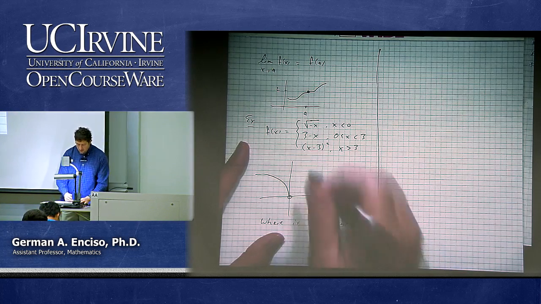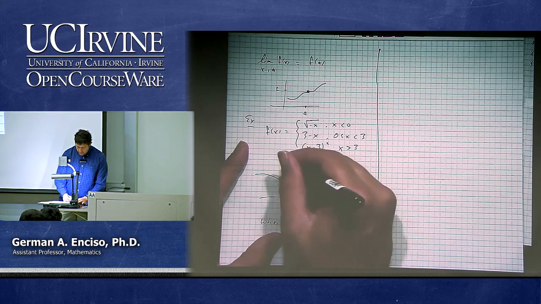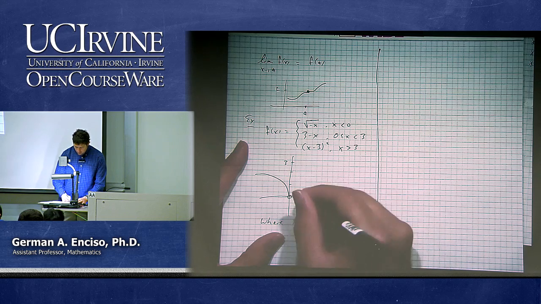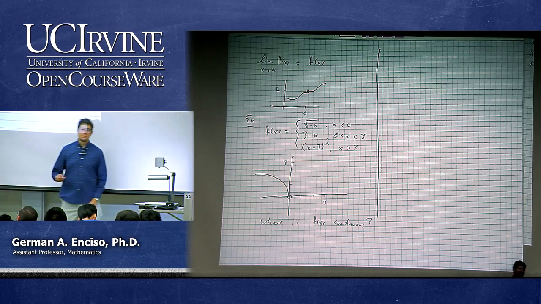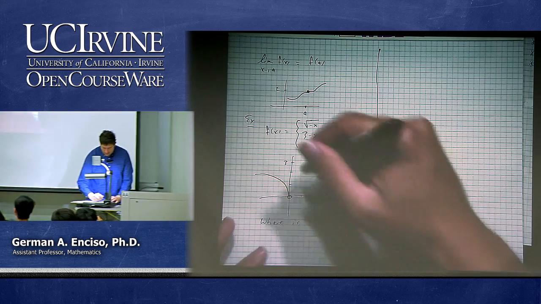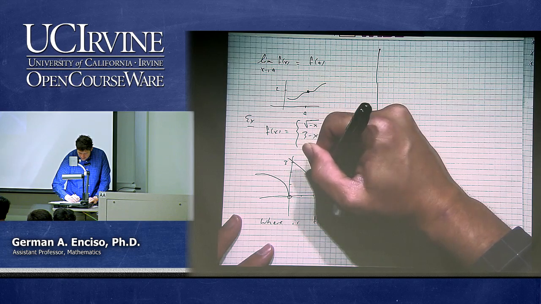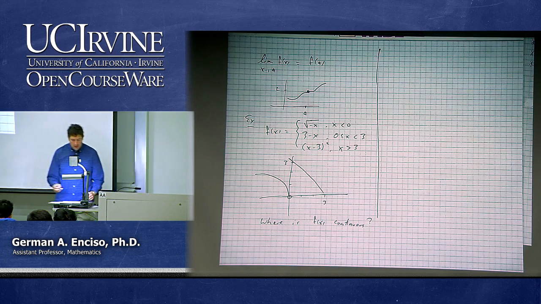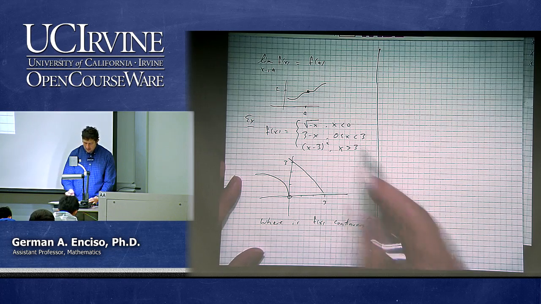Okay, now we have the function 3 minus x. So let's say that this is 3, this is 3. How does the function 3 minus x look like? It's a straight line that looks like this. Right? Anywhere between 0 and 3.